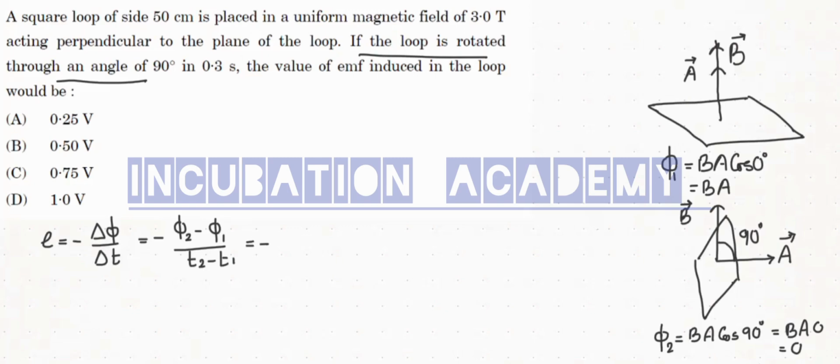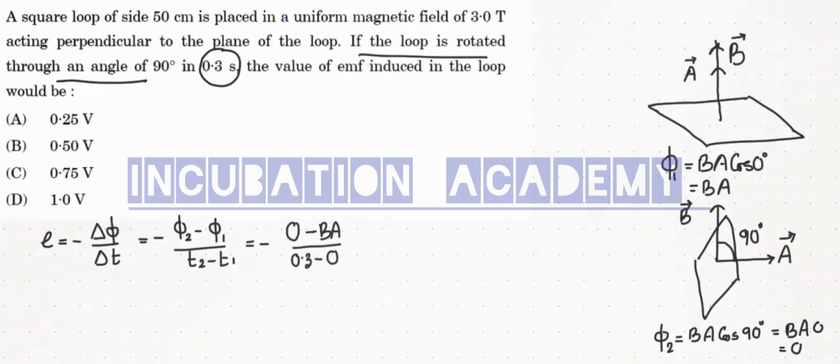So phi 2 is 0, phi 1 is BA. Initially the time is 0, and the time taken is 0.3 second, so t2 is 0.3 second.